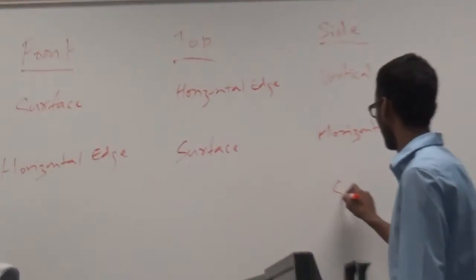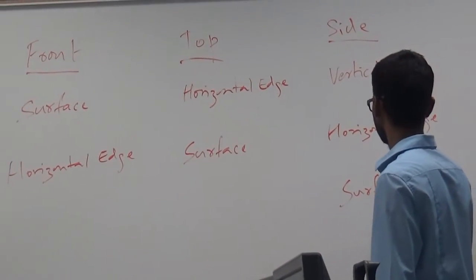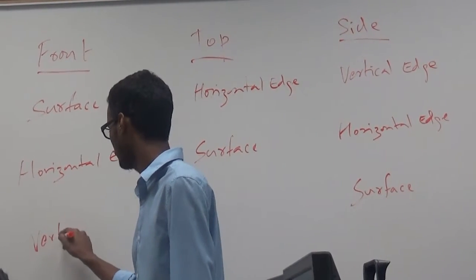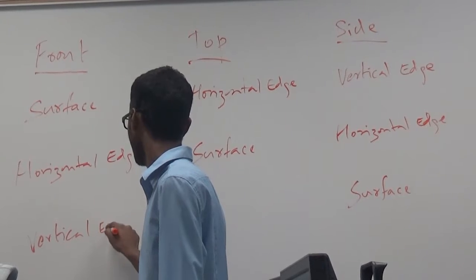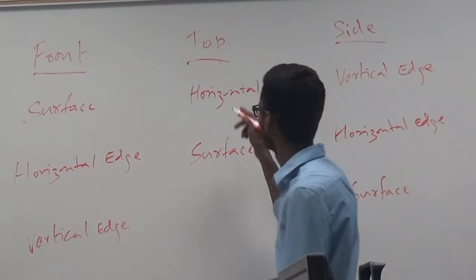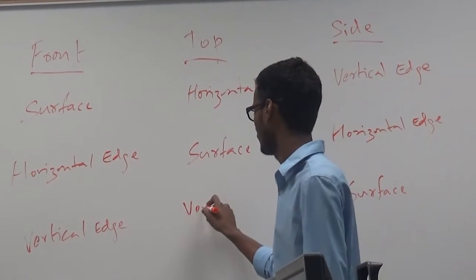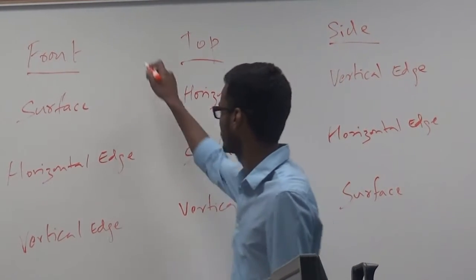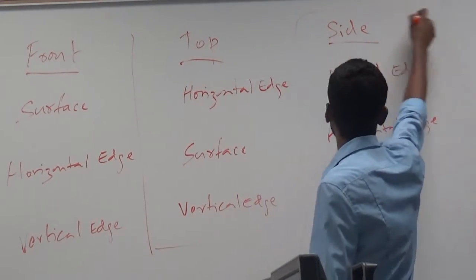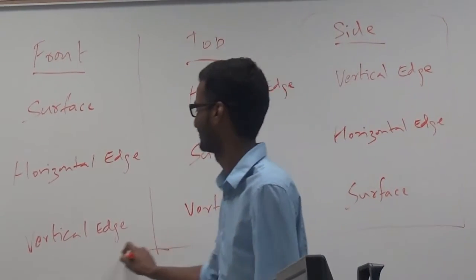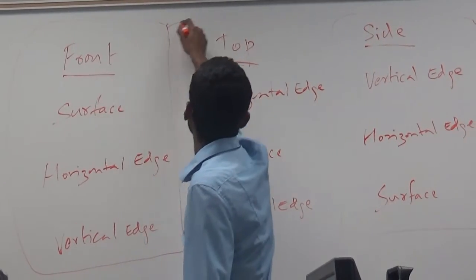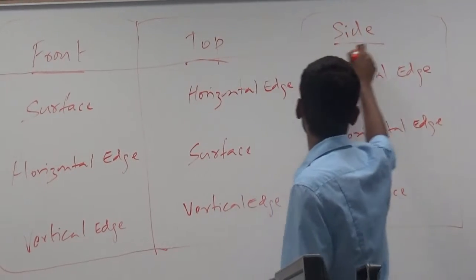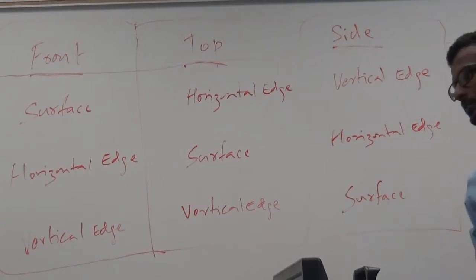So if I see a surface in the side view, then the same surface in my front view would be a vertical edge, and the same surface in my top view would be another vertical edge. So this is my normal surface table, and you would be using this in order to analyze different surfaces.